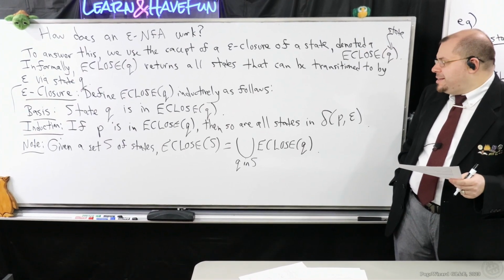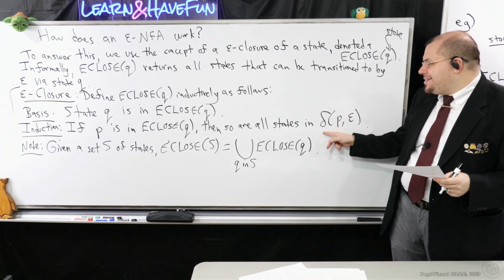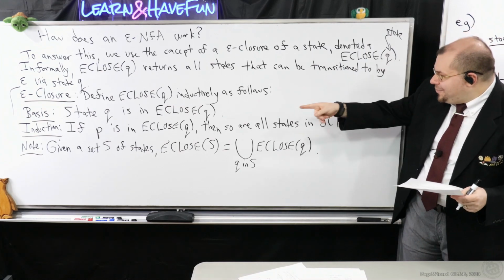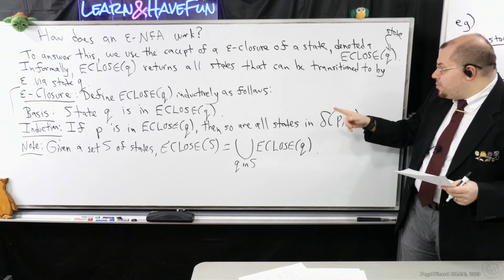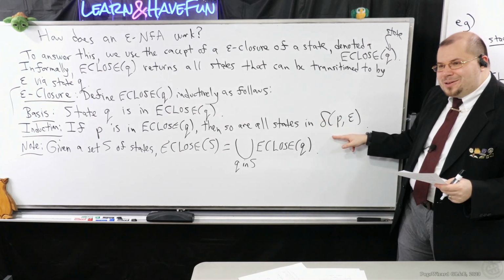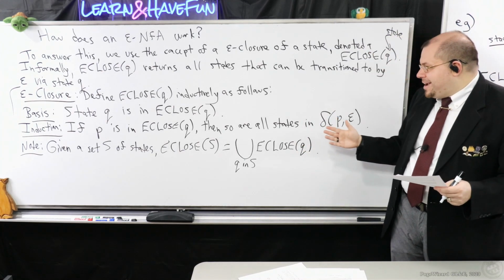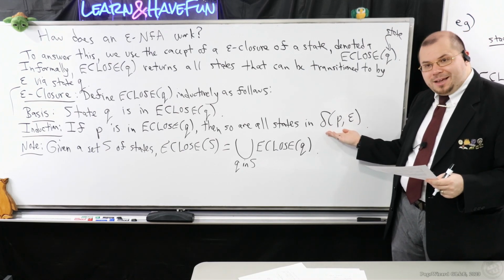But what does that mean then? So it says if that's an e-close of Q, then so are all the states in this. But what does that mean? That means that if I apply an epsilon closure on a state, I end up with potentially more states.